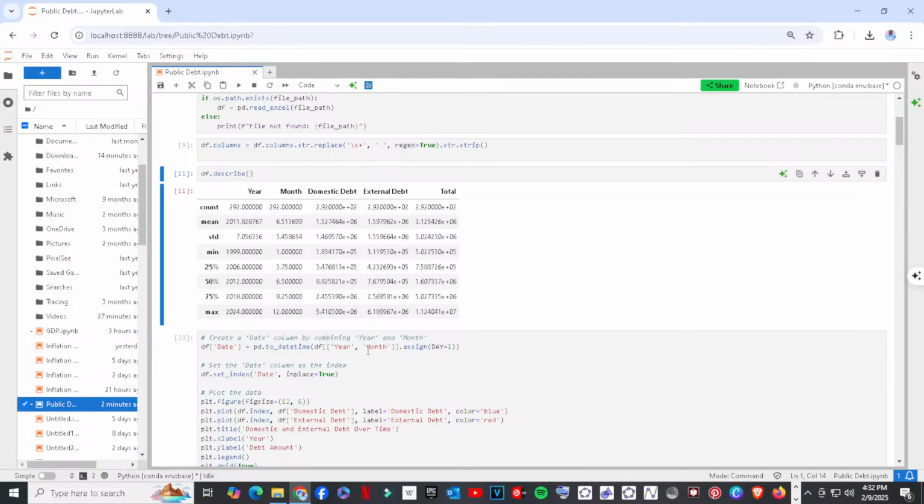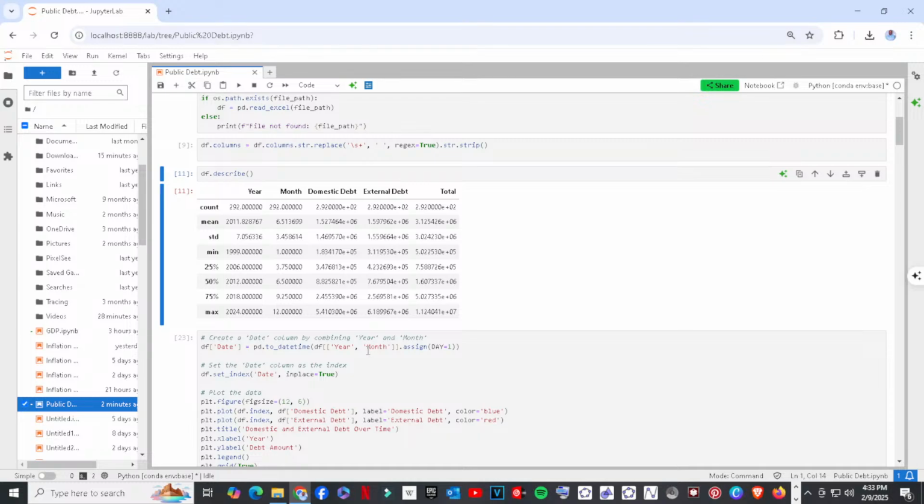Then let's consider the standard deviation. Domestic debt standard deviation is about 1.47 trillion, while external debt standard deviation is about 1.56 trillion, giving us a total deviation of about 3.02 trillion.